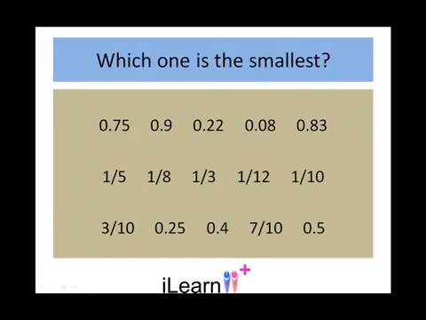Which one is the smallest? Choose one in each row. 0.75, 0.9, 0.22, 0.08, 0.83.